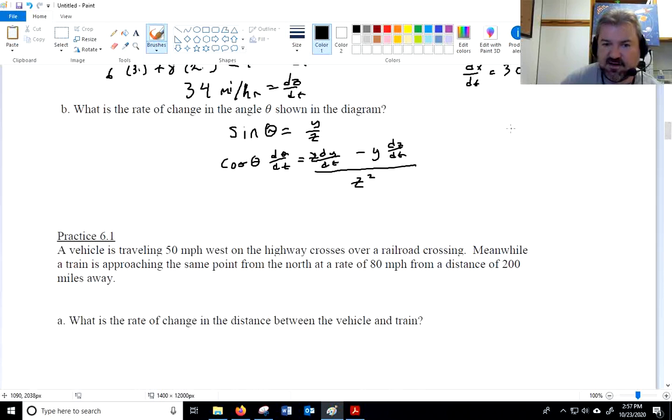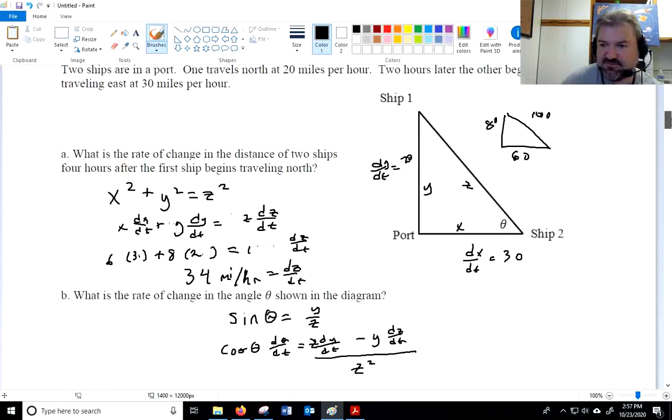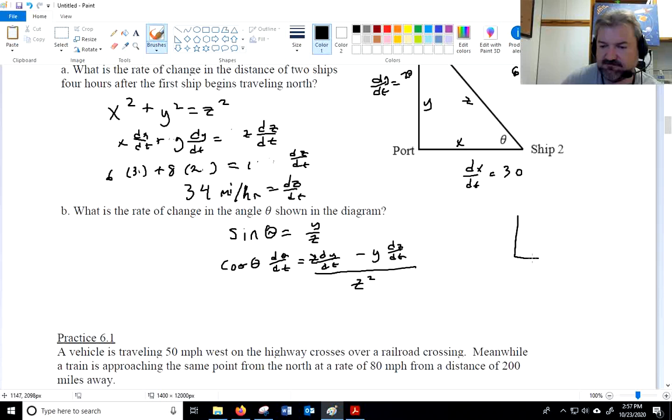This is at this moment, it may not say that, but we mean at the same moment, right? Remember, this was a 6, 8, 10 triangle. In other words, this was a 3, 4, 5 ratio. So the cosine of theta is 3 over 5.